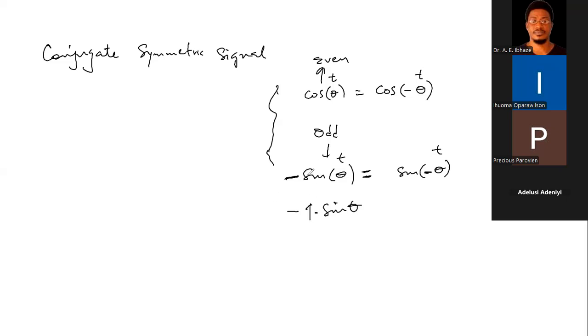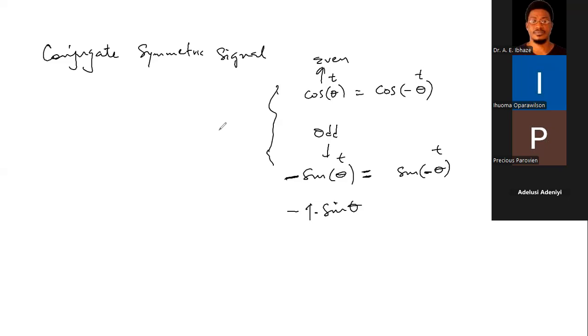You now see that this negative is literally causing a shift of the entire signal. But for the even signal, the negative does not impact the entire signal, only the time. Does that make sense, please? Yes, sir. Okay.